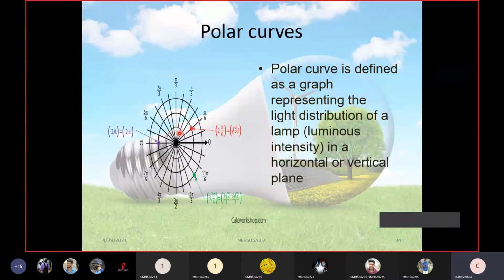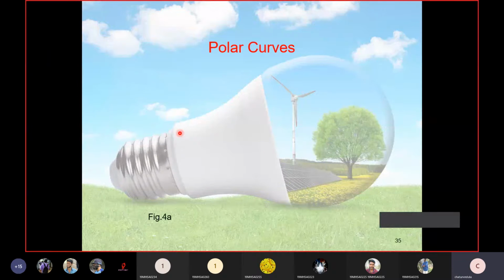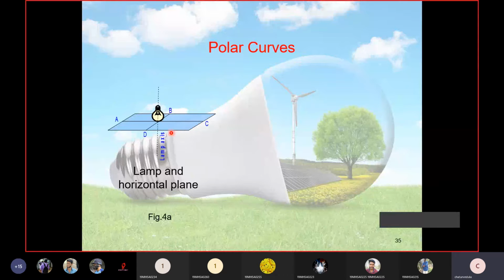now we are going to see the polar curve in the case of the horizontal plane. Okay, this is your lamp and here is a table. Assume this is a studying or reading table. Here I have taken A, B, C, D, the four sides of the table.